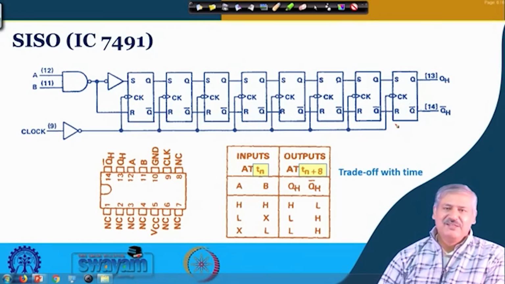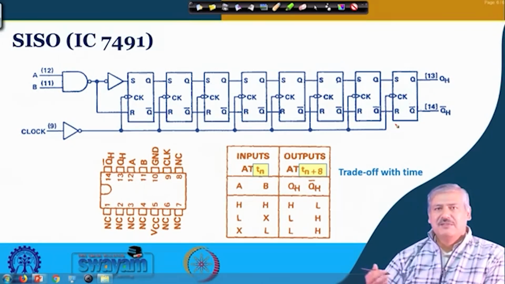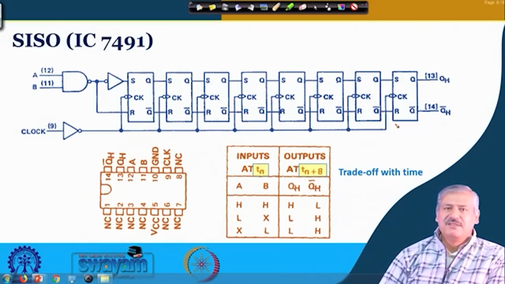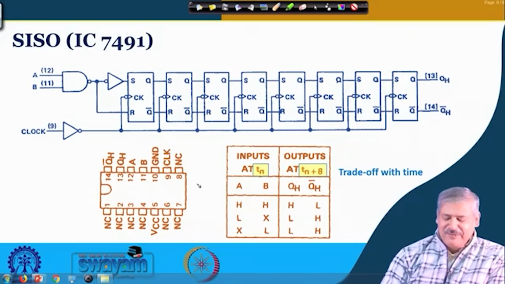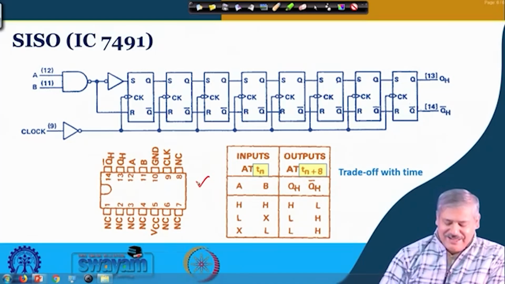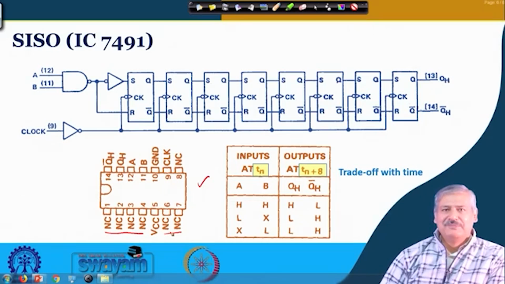Had it been parallel in, parallel out, you can imagine 8 plus 8, 16 pins and so many other things that we discussed before. But because it is serial in, serial out, a standard 14 pin package is sufficient, and in that also you can see there are many NC pins, which are not required. NC stands for no connection.